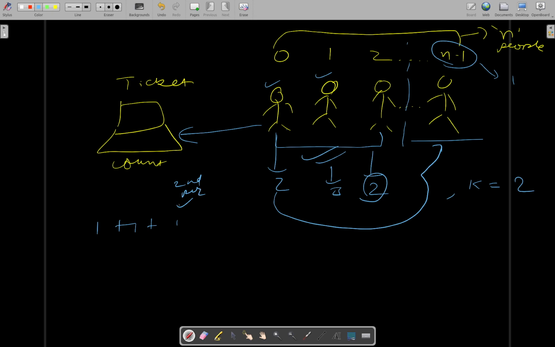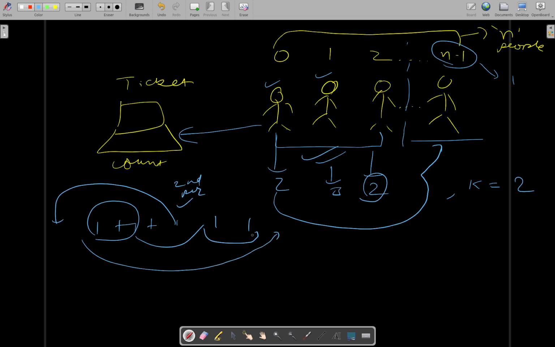Now these two will be in this particular position, and then if the second person is at the counter, he will also go behind the line, and he was desiring only 2 tickets. So you can see that first of all it took him 3 units of time to get his first ticket.